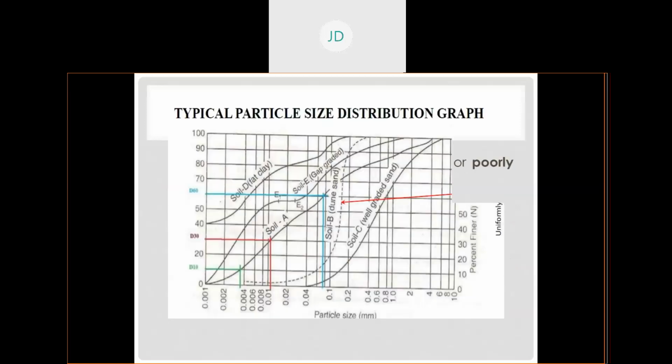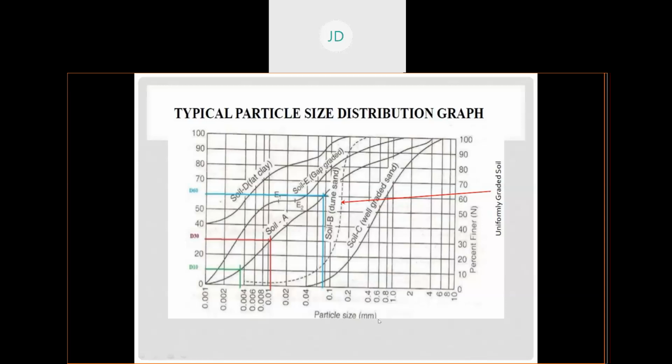I think this curve was also discussed with you in the last class. This is a curve representing the trend of particles present in a particular soil sample. It is prepared by plotting the percentage finer with respect to different sizes.